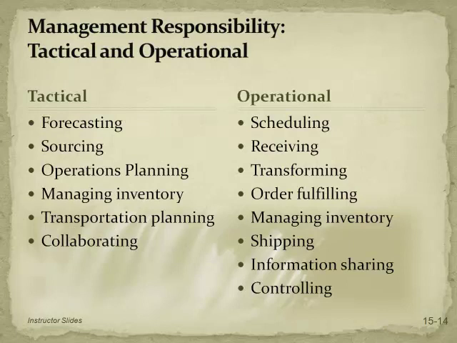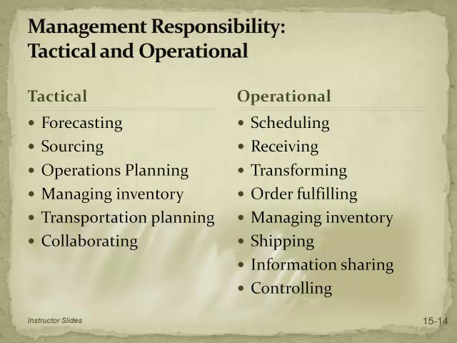There are also some management responsibilities from a tactical and an operational point of view. Recall that tactical and operational things are more short-term in scope, so the impact of a decision here is not quite as dramatic as a strategic decision.